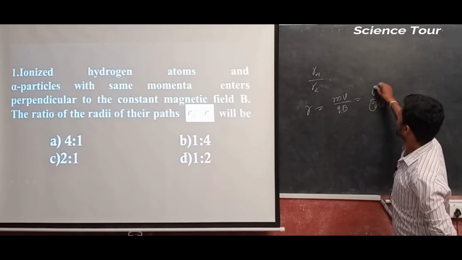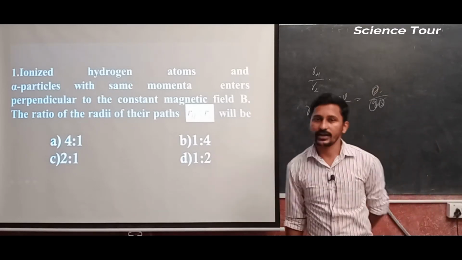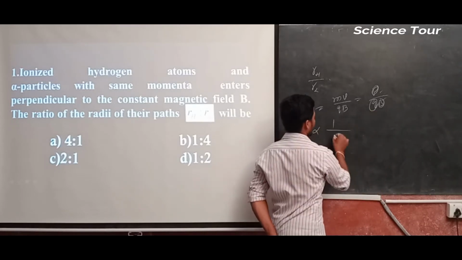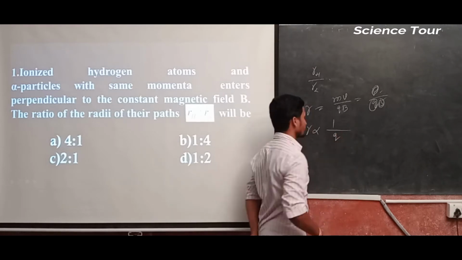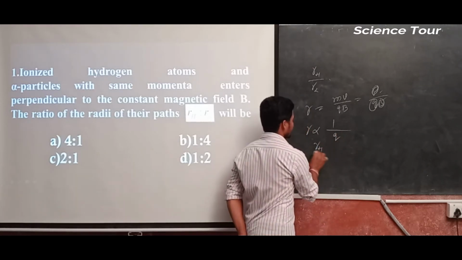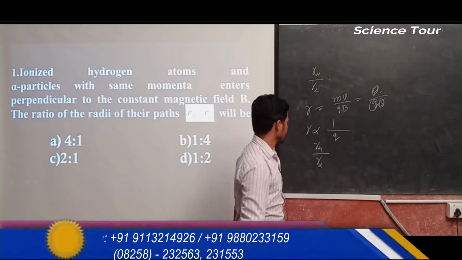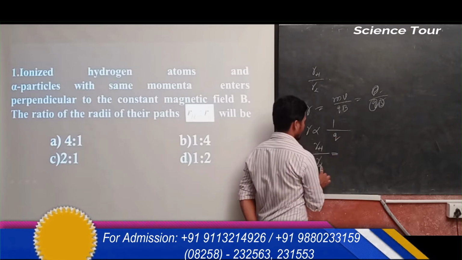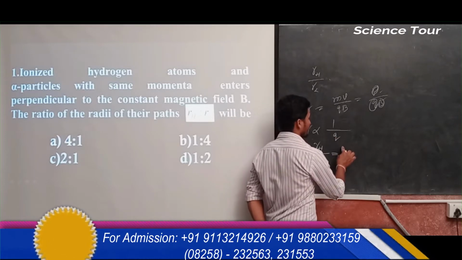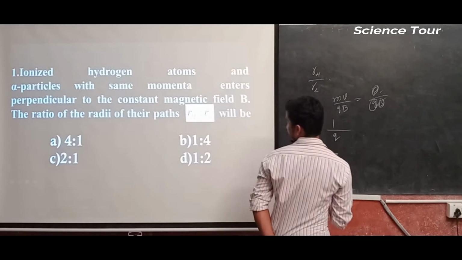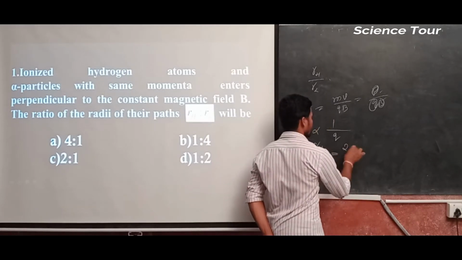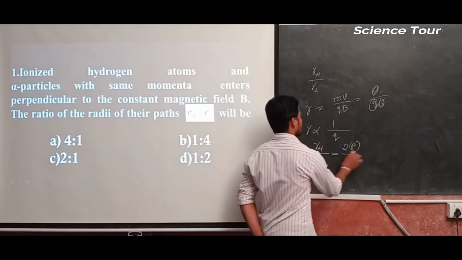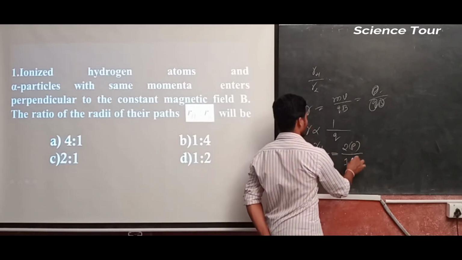Q and B are constant, P is constant momentum and constant magnetic field. So we can write R is proportional to 1 by Q, inversely proportional to the charge. So for R_H divided by R_alpha, the alpha charge is 2 times that of a proton, and here it is 1 times that of a proton.